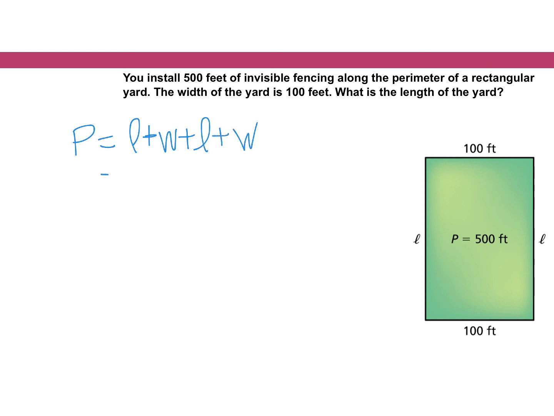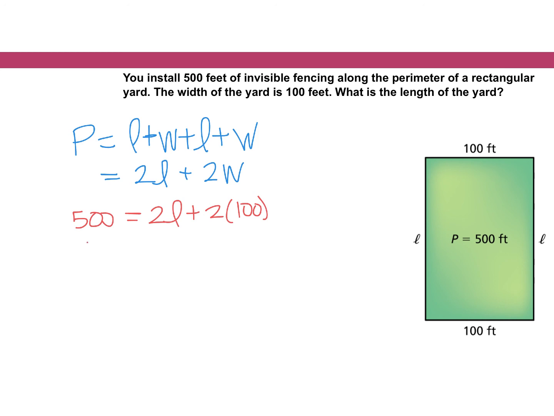And if you collect your like terms, that's really 2 lengths plus 2 widths. And based on the information that you're given, you are told that your perimeter is 500. You don't know what your length is, but you know that your width is 100. So I can plug in all that information based on what was given.